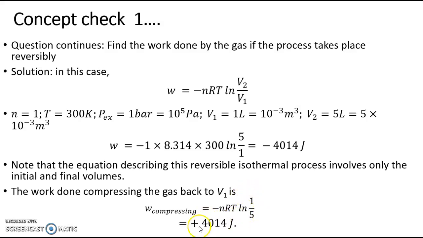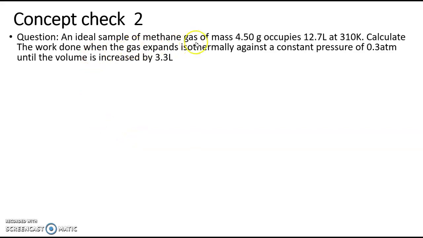The work done will be 4,014 joules. So these two values are the same, and that shows that it's a reversible process.